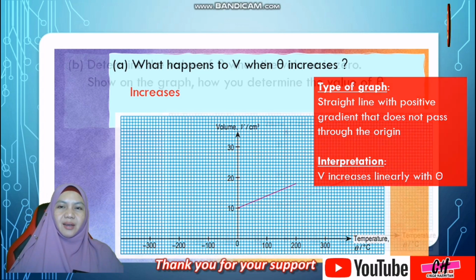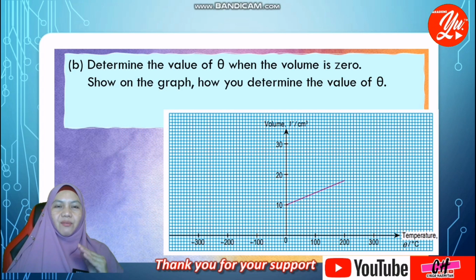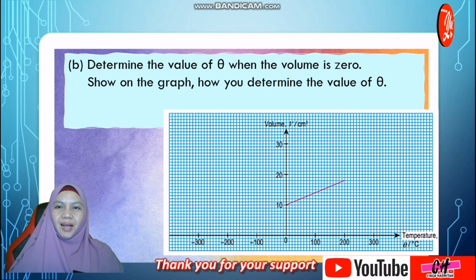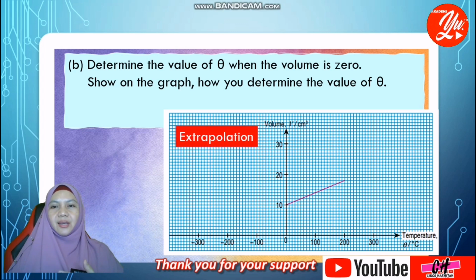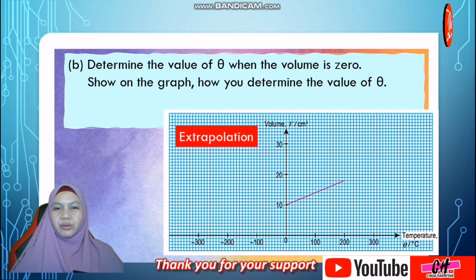Okay, now look at the next question, B. Here you have to determine the value of theta when the volume is 0. So what is the temperature when volume is 0? How do we get this? We can do this by again doing extrapolation. So how do we extrapolate?